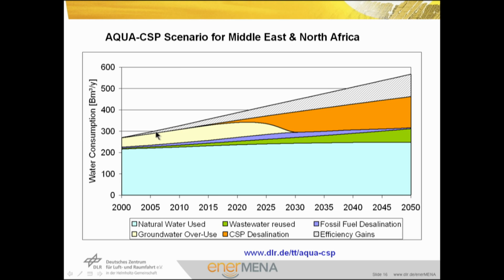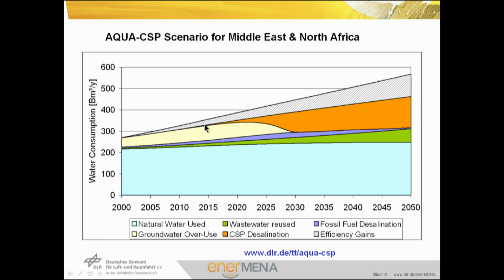Efficiency measures can also be applied and will provide a significant share of future water sources. However, as I said before, the gap would increase, and it would take about 20 years until this gap can be substituted by the use of solar energy for seawater desalination. This would be this area here.